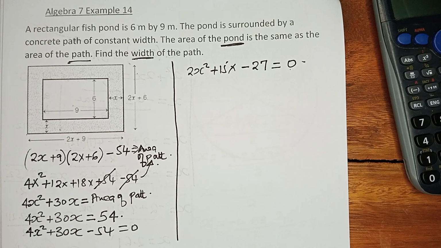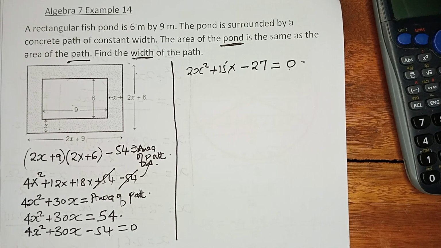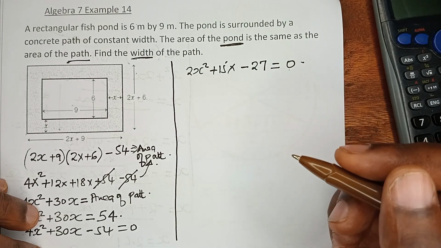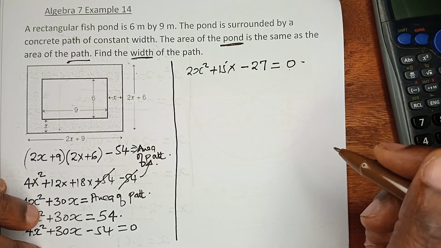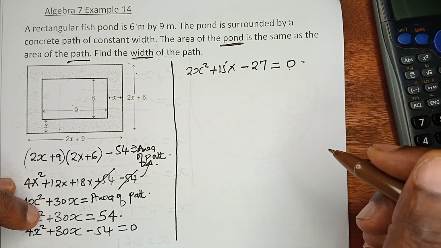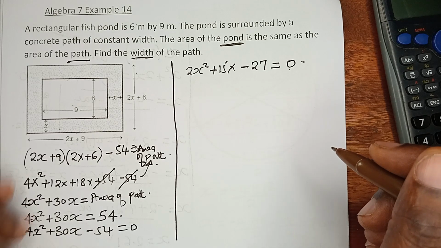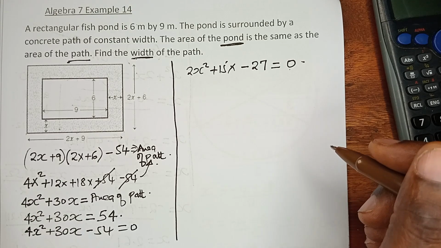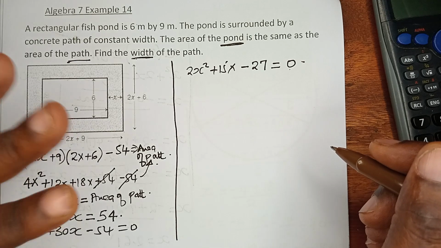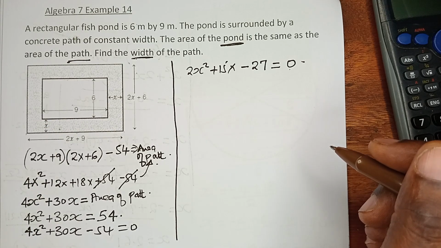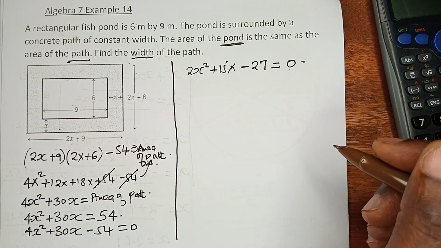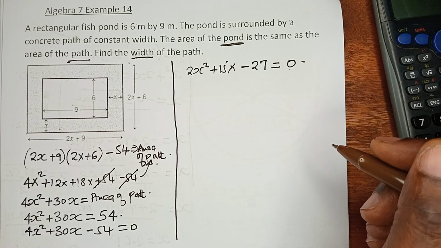There we are. We may want to use any formula to solve this equation: either the quadratic formula, or completing the square, or even the factorization method. But I told you, in every question, if you are not sure of factors, just go for the quadratic formula. It is safe, and there is no quadratic equation that cannot be solved using the quadratic formula.